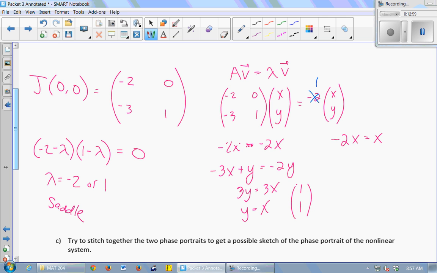X equals 0. So either I'll get the same information from the other equation or I'll get no information from the other equation. So give me an eigenvector with x equal to 0. 0, 1.